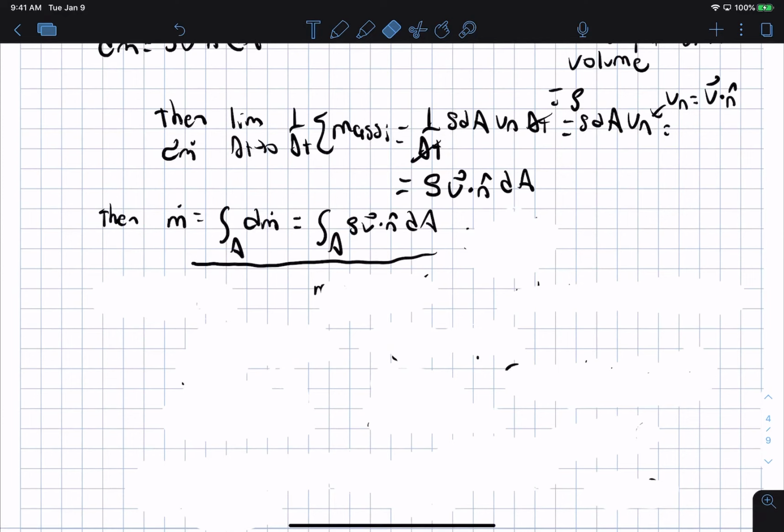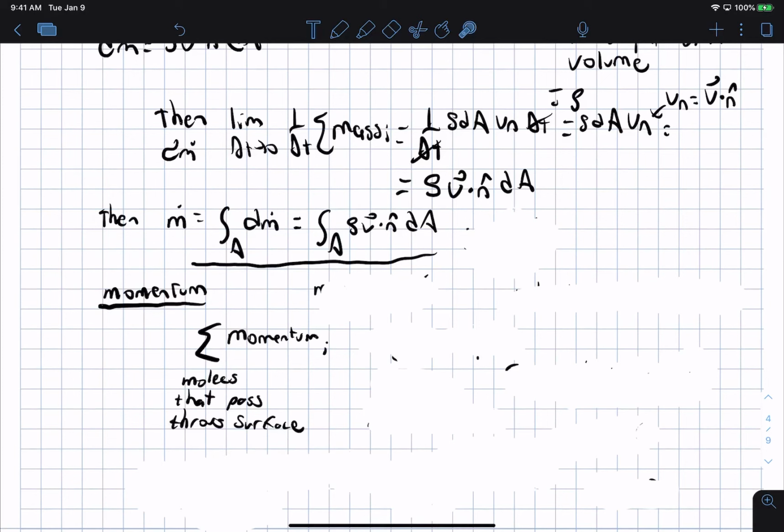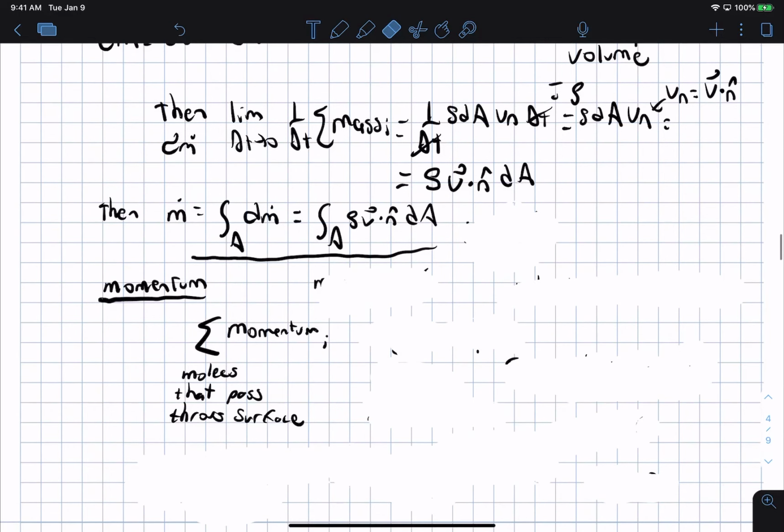Okay, now that was for mass. Now, what about momentum? Because a molecule also has momentum associated with it. So we could do the same thing, but instead of counting up the mass of all the molecules that pass through the surface, we could count up the momentum of all the molecules that pass through the surface. And then we could sum them up, and well, what is momentum?